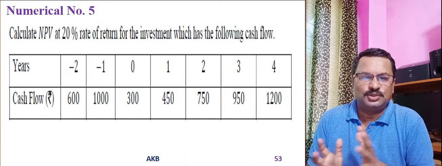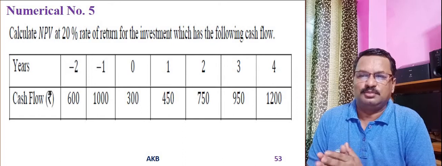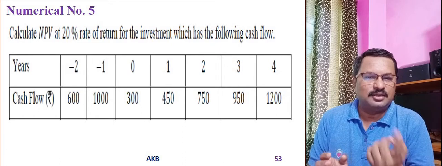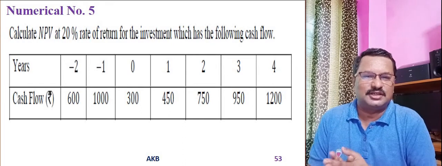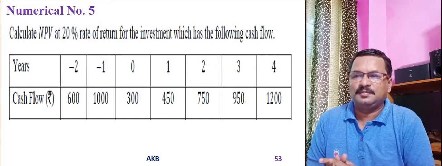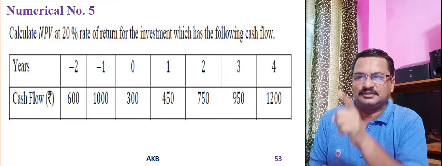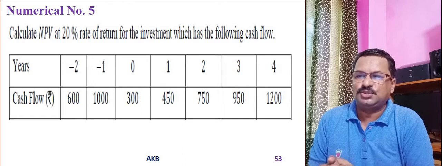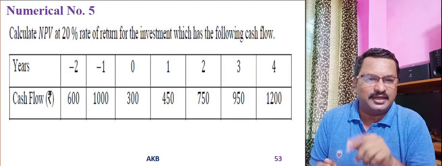So there are 4 years in the service life. Before the zeroth year, there are 2 more years. So before the 0th year, -1 indicates 1 year before the start of the project, and -2 indicates 2 years before the start of the project. For the year -2, the cash flow is 600. Actually this should be a negative quantity.